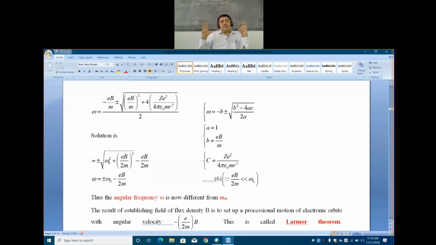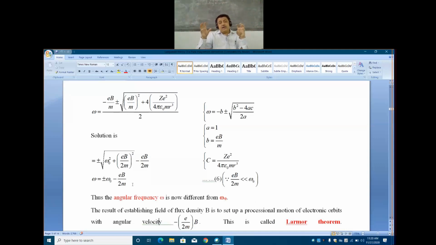When you apply an external magnetic field, there is a change in frequency, and this becomes omega. How is it related? Omega is equal to plus minus omega naught minus eB by 2m.